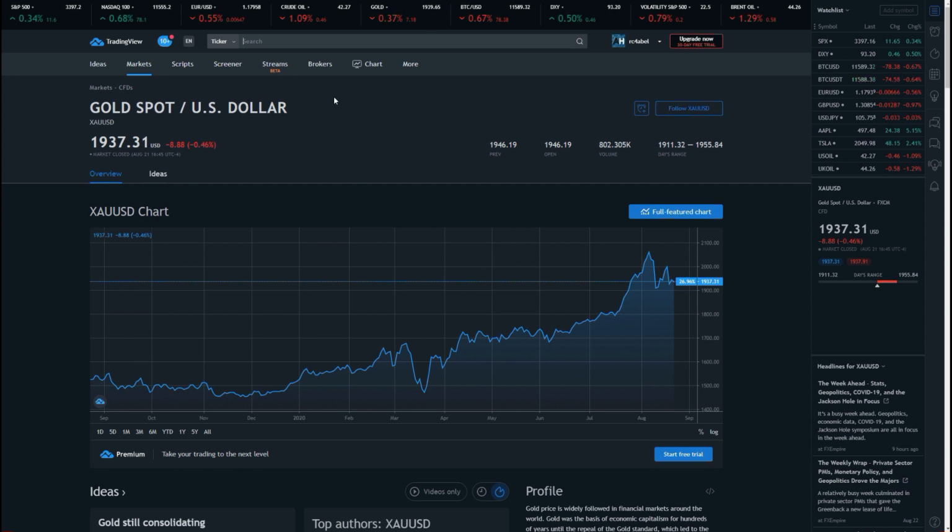Now if you look at this figure, this was the day's range for gold on Friday. Basically this figure is telling you that on Friday the lowest point was 1911 and the highest was 1955.